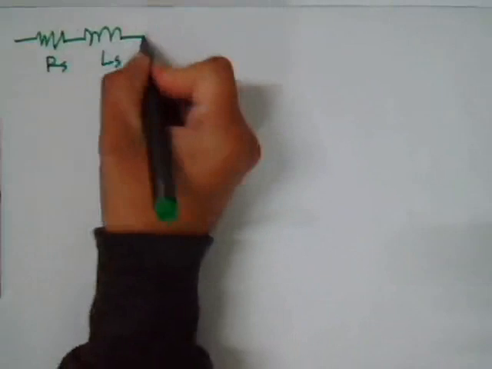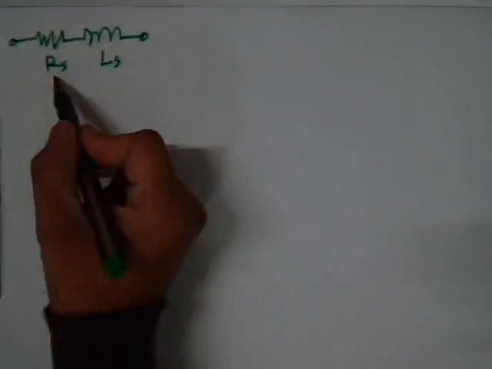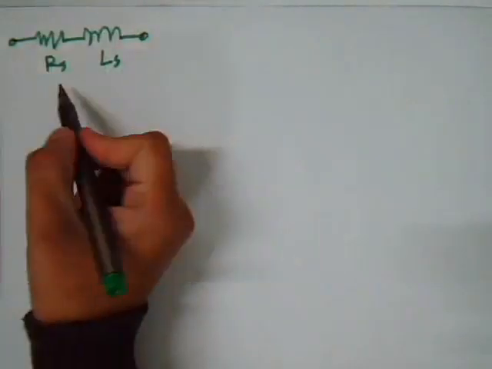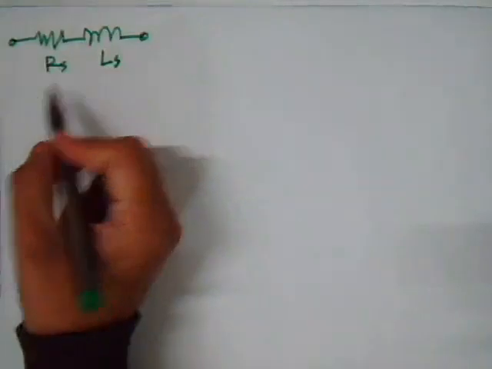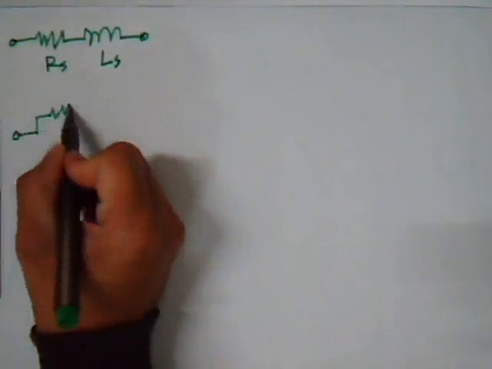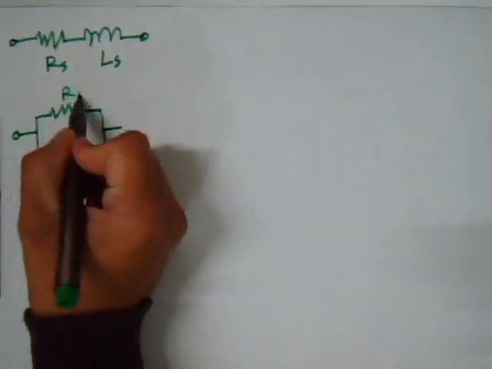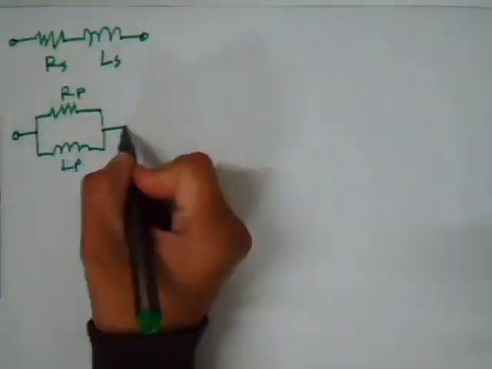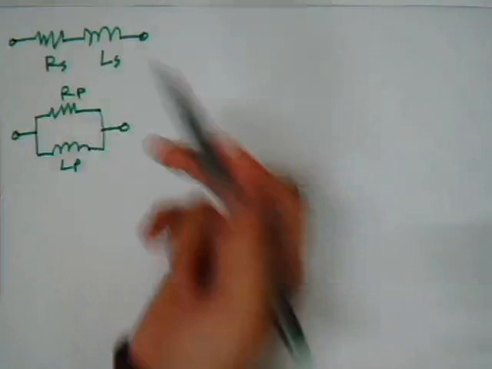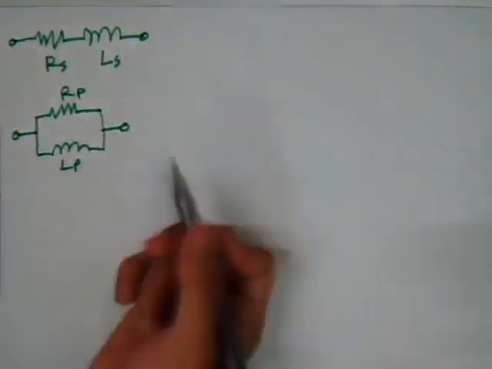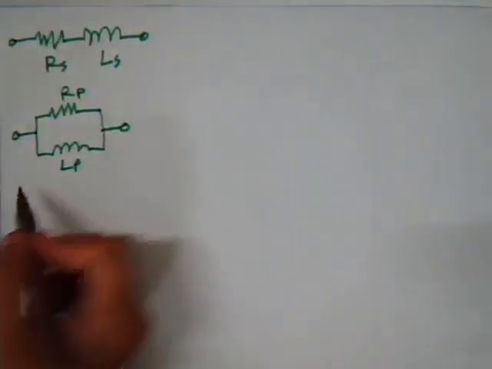Say if we have a series resistance Rs combined with a series inductor Ls, and if I compute the impedance of this, I can always find an equivalent combination of Rp and Lp such that the impedance of these two are same. And if I now do the computation, it's actually fairly simple.